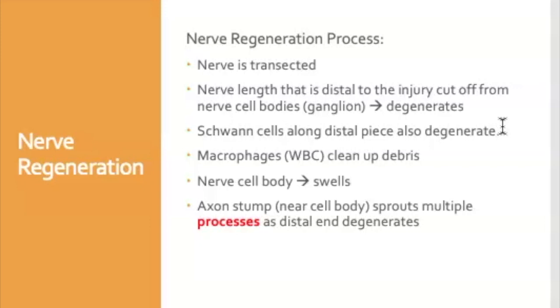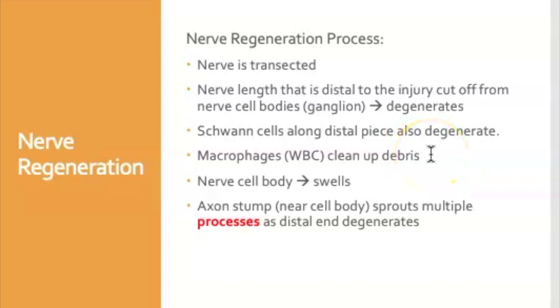Once that degeneration process is done, all the bits and pieces, the leftover material, will be cleaned up by the immune system. Macrophages inside of the immune system will come and clean up all that debris.